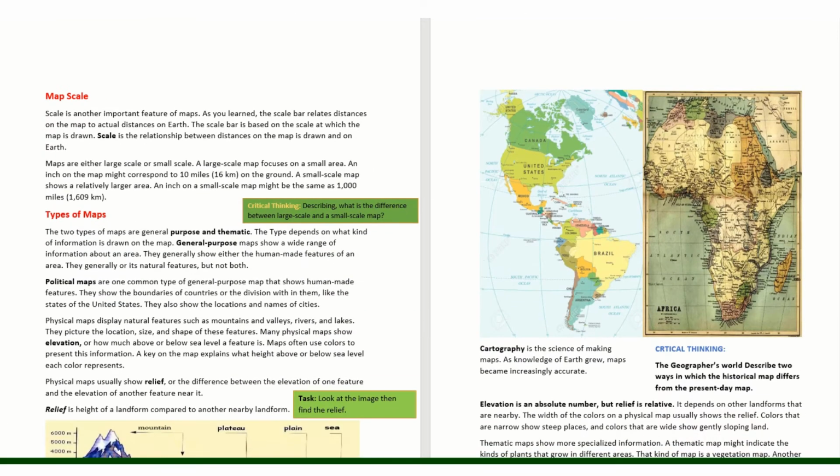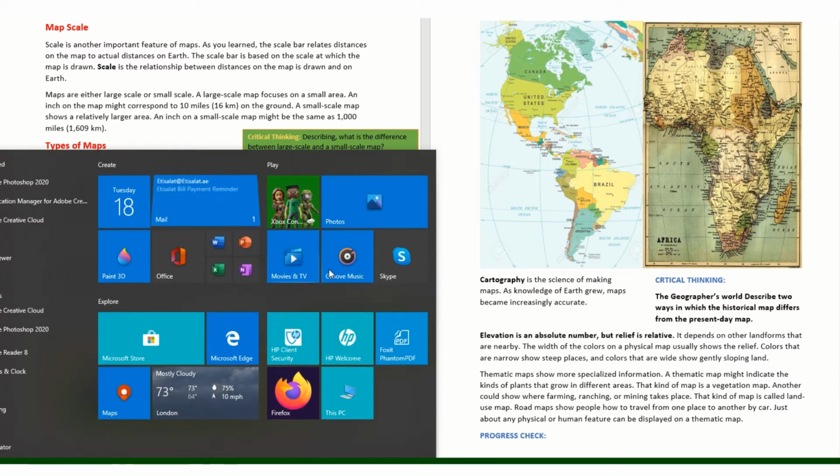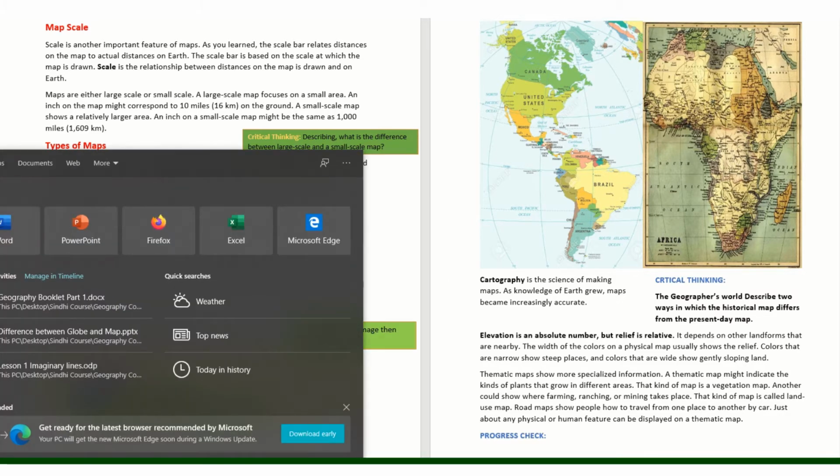I'll be telling you that there are three types of scale. We'll be using a blank Word document in order to understand.